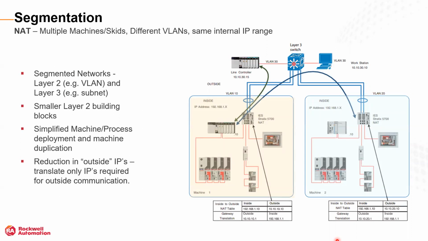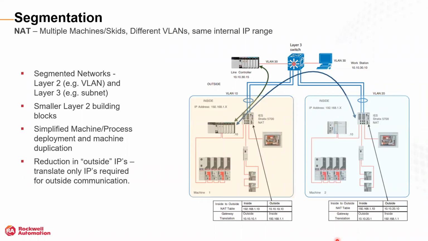Now, one other thing we do for segmentation is use NAT, network address translation. So basically, I will say we're spoofing IPs. What we're doing is we created a subnet for the switch.